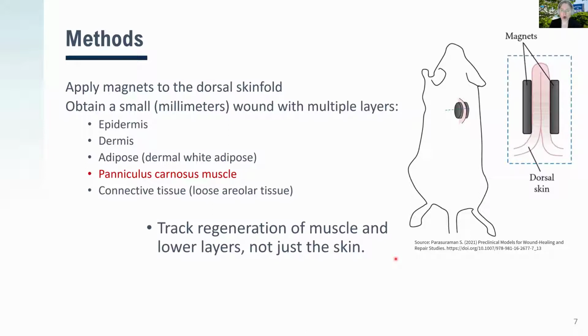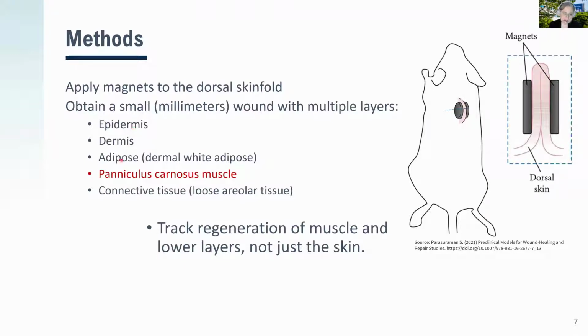So we're taking an experimental approach with animals. We place a pair of magnets over the dorsal skin fold of mice. This is a small area, millimeters in diameter, but it goes through multiple layers, so we can see the interplay between tissue types.